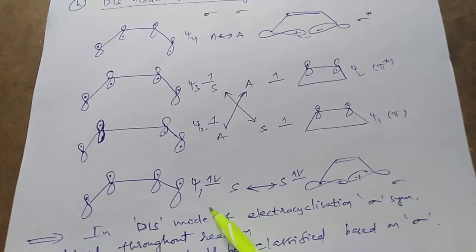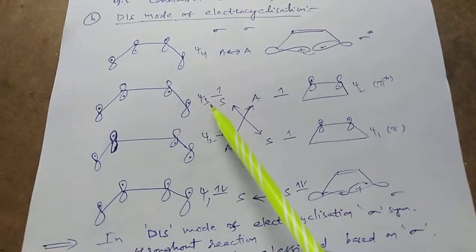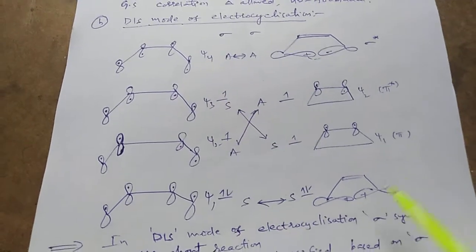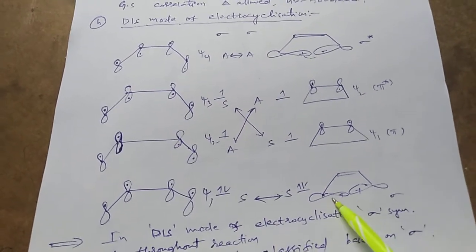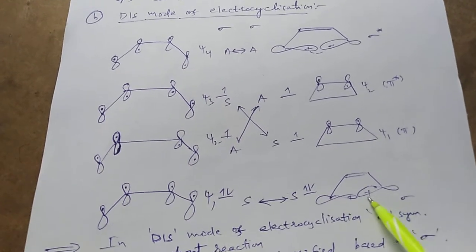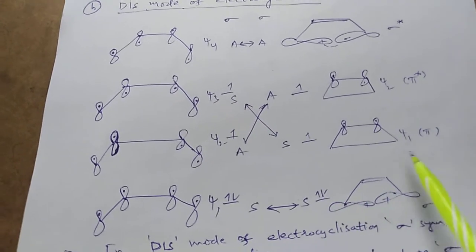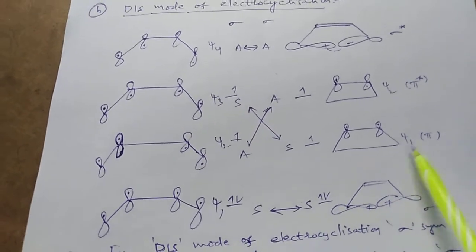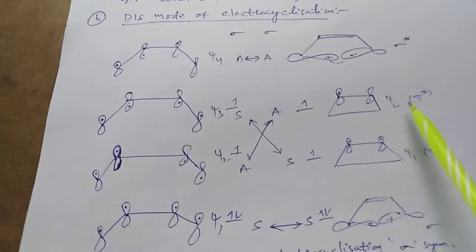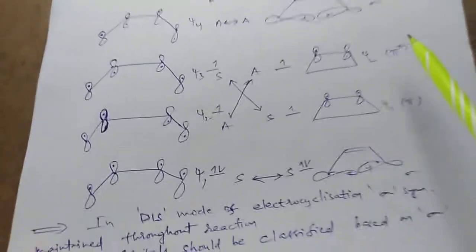But in the ground state configuration, Psi1 has 2 electrons, Psi2 has 1 electron, Psi3 has 1 electron. But in the disrotation of the product side molecular orbitals, the sigma bonding molecular orbital has 2 electrons, the pi bonding molecular orbital Psi1 has only 1 electron, and the pi star anti-bonding pi molecular orbital Psi2 has 1 electron.